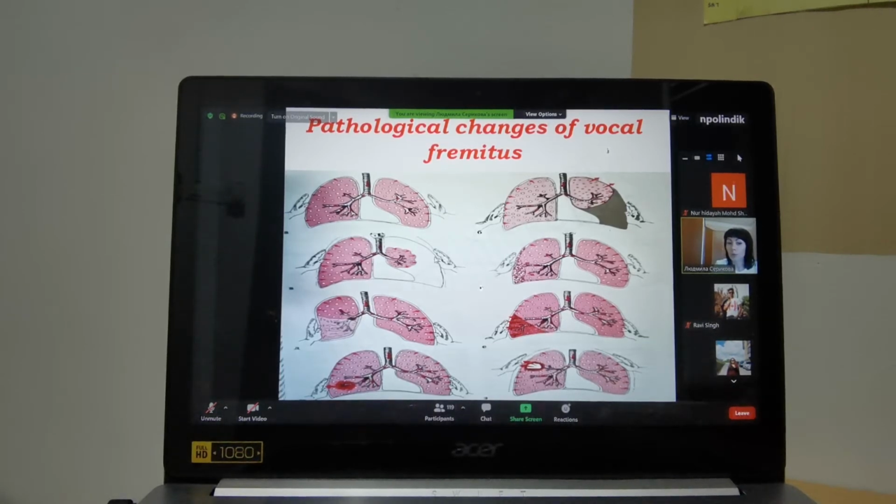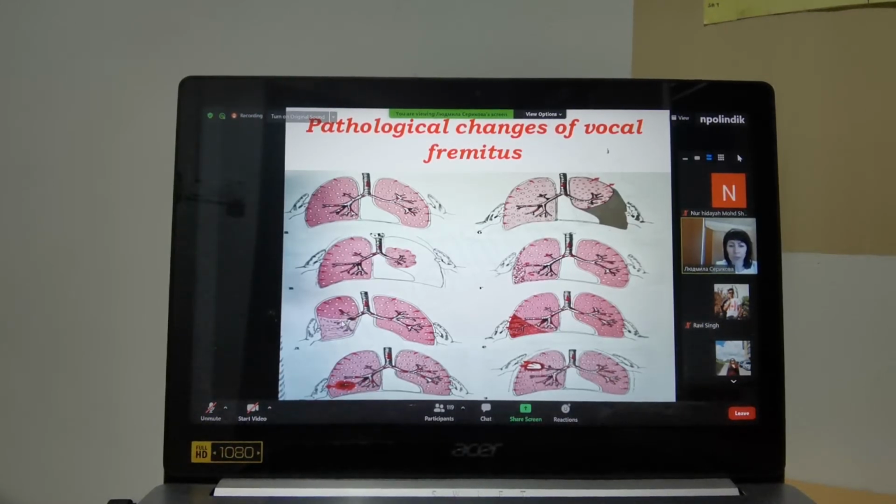What about this distance? The lung is here, your hand is here. What will you feel? I think in some situations it depends on the amount of air. If it is a little bit, there will be weakened vocal fremitus. If it is a lot of air, you will feel nothing.